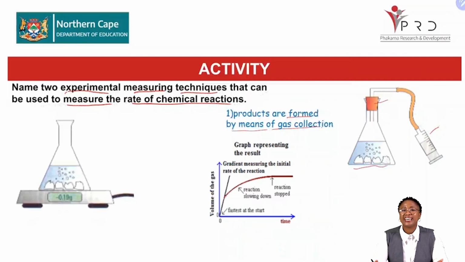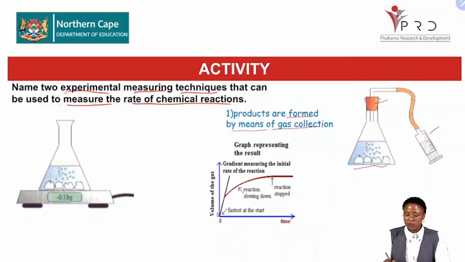So we measure the gas formed during the reaction at different time intervals, looking at how long it takes for the gas to be formed. Then you will know if the rate of the reaction is faster or slower.